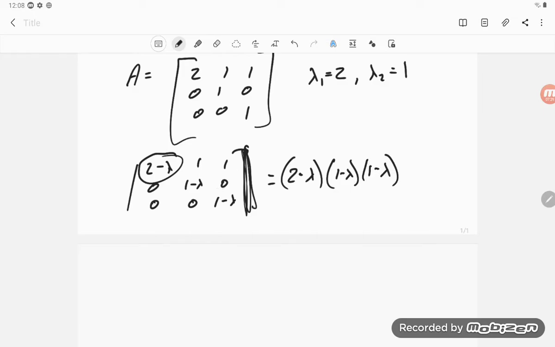But then going this direction for that 2 by 2 determinant, I will get 0, because it's upper triangular.